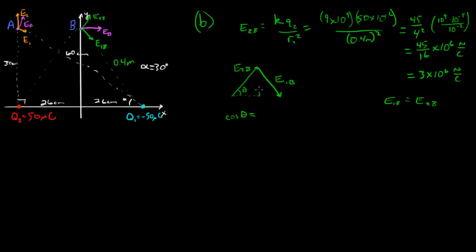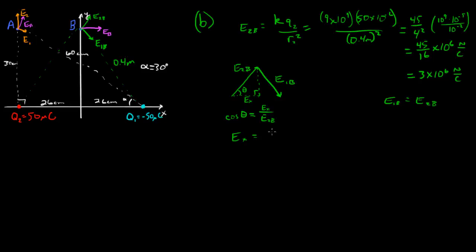Is that all right? All right, EX over E2B. So EX is equal to E2B times the cosine of theta.